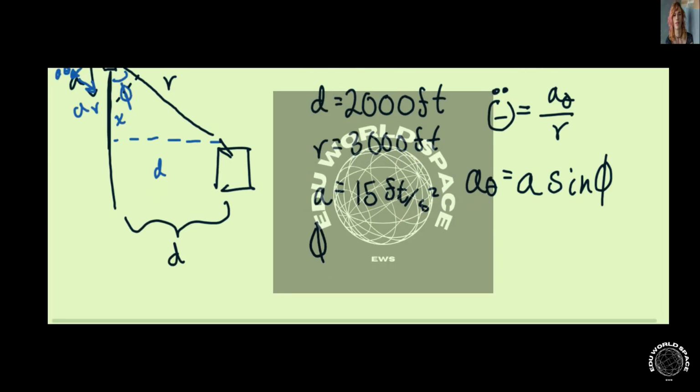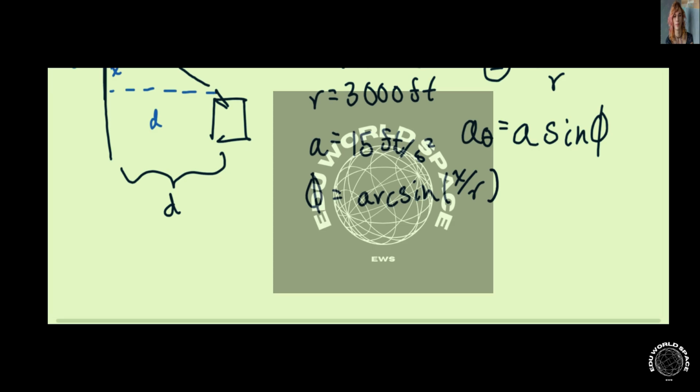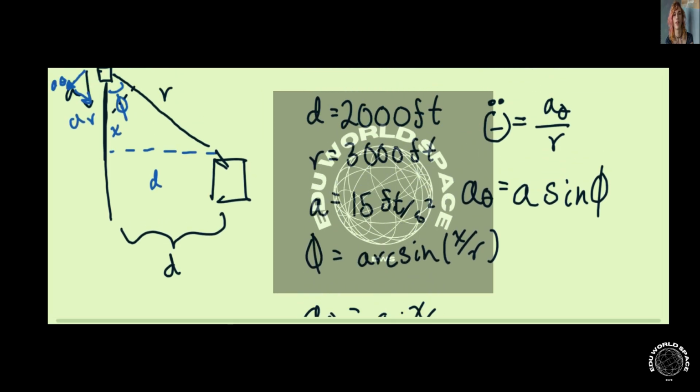Then phi can be defined as arcsine of opposite over hypotenuse. And then we can define a theta as just A times x over r, since the signs will cancel.